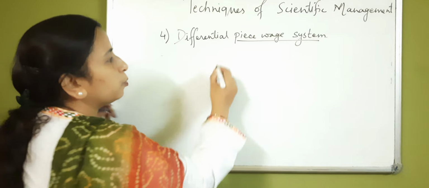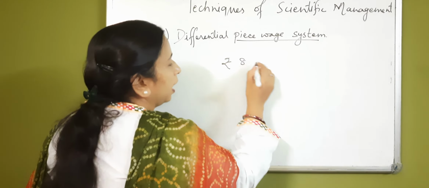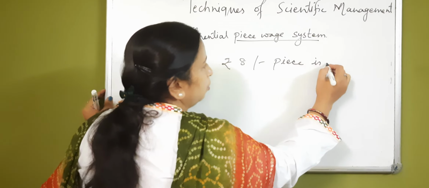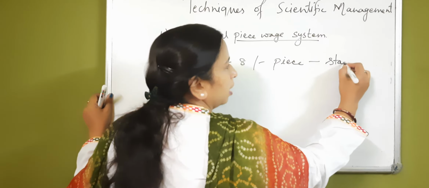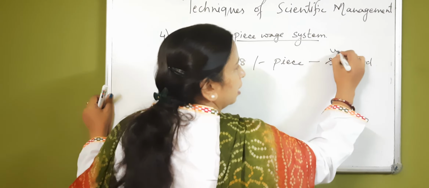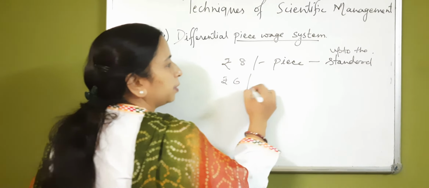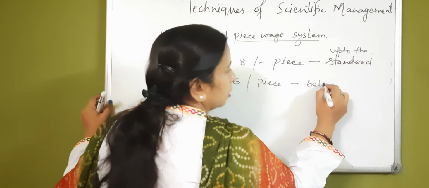So suppose rupees 8 per piece is given when you reach the standard, up to the standard, and rupees 6 per piece below standard.